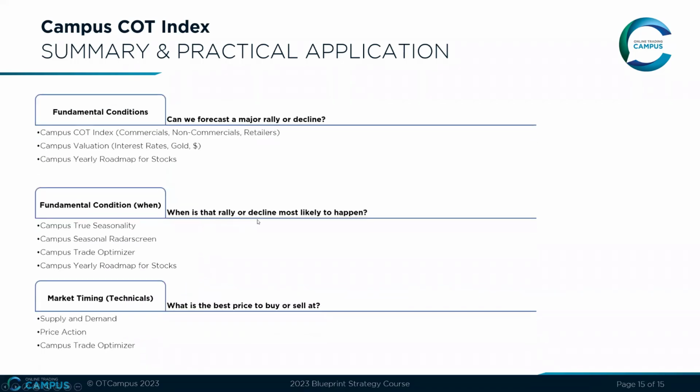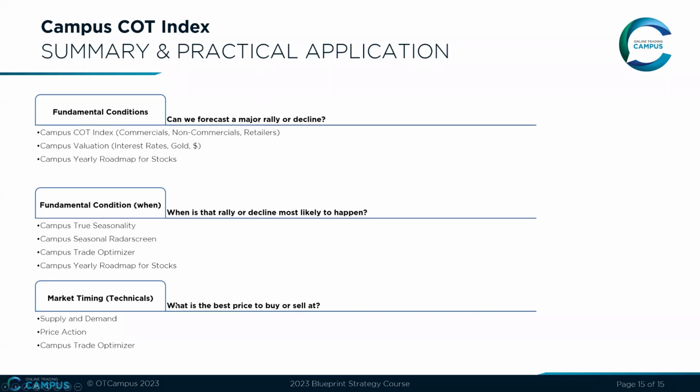And then when is that rally or decline most likely to happen? Well, we can then look at the true seasonality to argue the best calendar week or calendar month to be buying palladium. And then, where are we predicting price to turn?